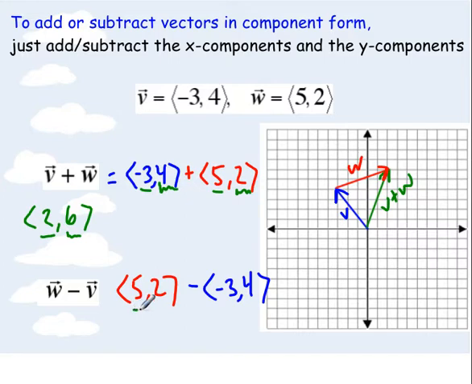So we're going to have 5 minus a -3, so that would be 5 plus 3, so we're going to get 8. And then 2, don't forget to distribute the negative, 2 minus 4, so that would be a -2. And then don't forget your pointy brackets. They should not be parentheses. If they're parentheses, we're going to think that they're coordinates. And these are vectors, so make sure pointy brackets.